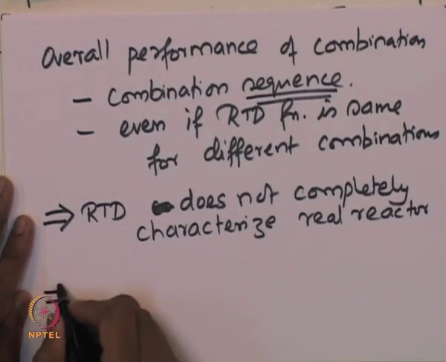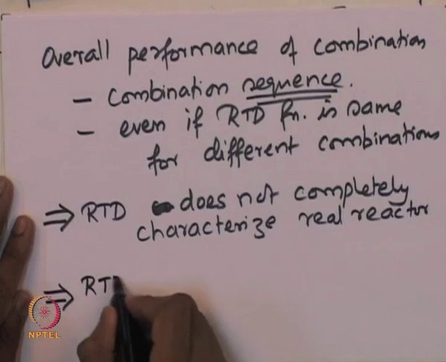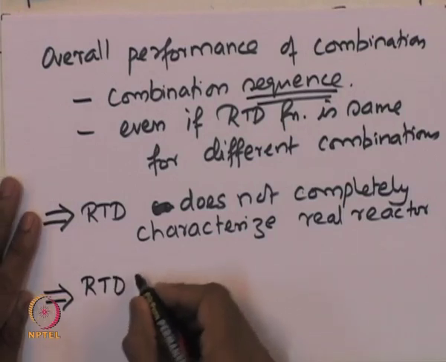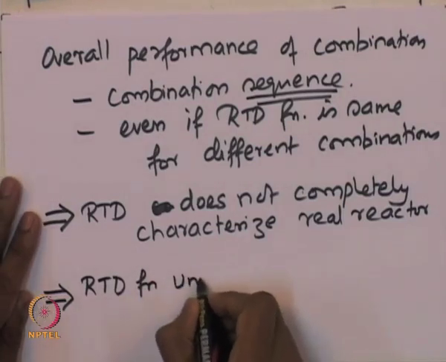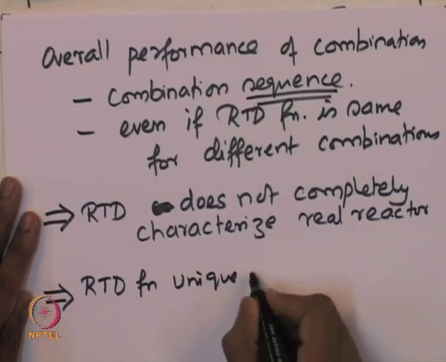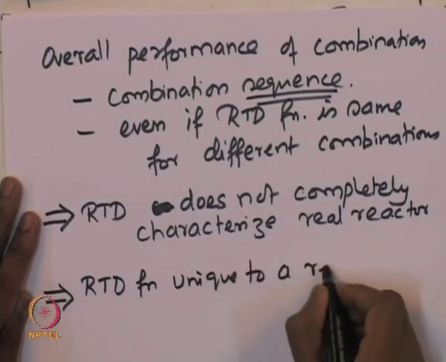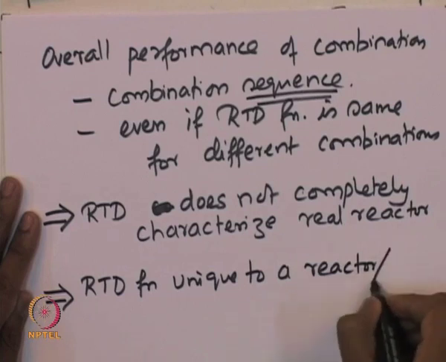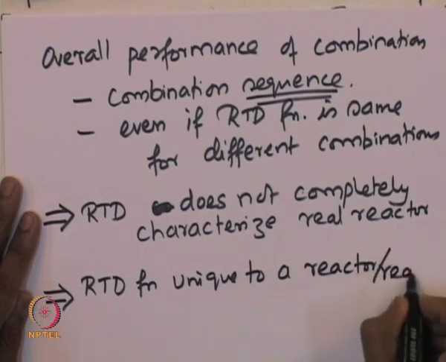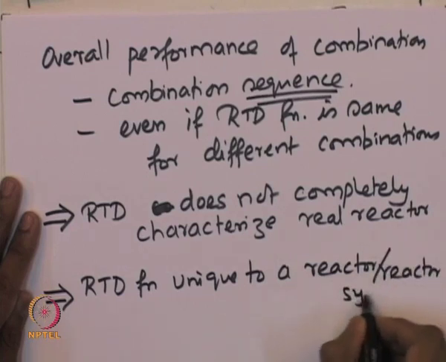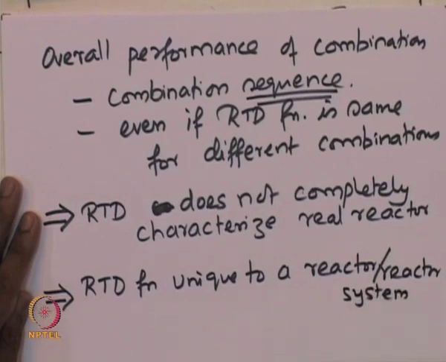And this also suggests that the RTD, the residence time distribution function, is unique to a reactor or reactor system, but vice versa is not true.